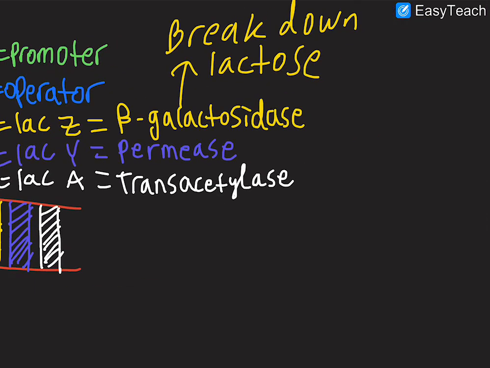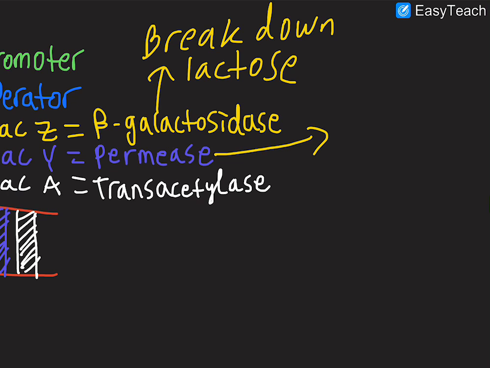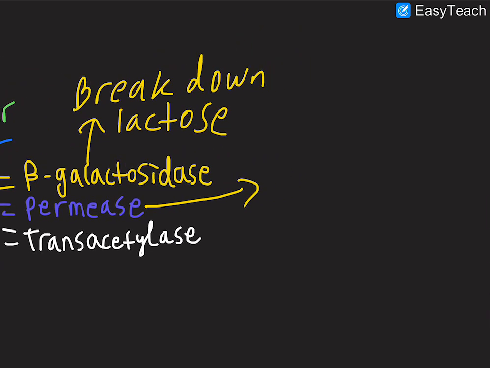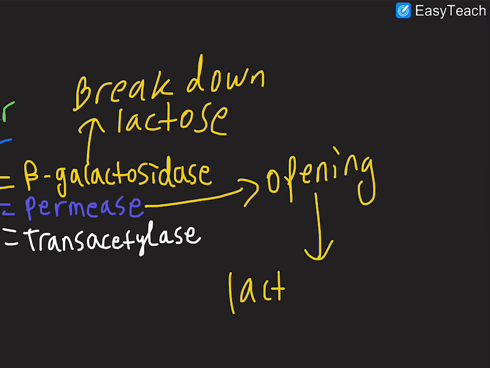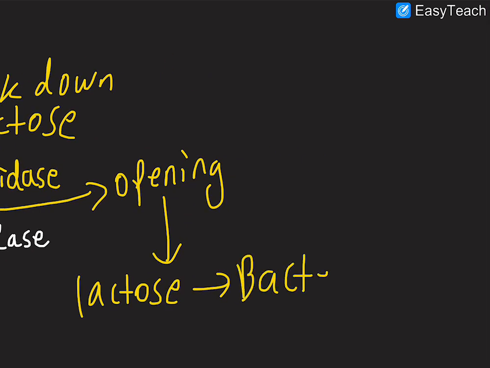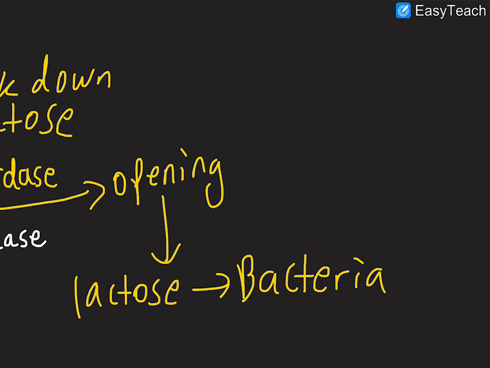Lactose is a disaccharide. Permease is going to make an opening in the bacteria so that lactose can go into it, so that the bacteria can use the lactose for energy.